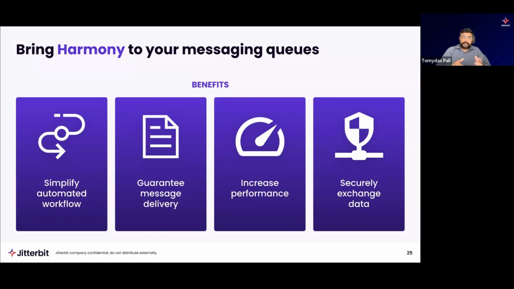It helps minimize the cost of processing, and finally, you gain all the security features of our iPaaS platform, which are inherently built into our message queue service also. Those are some of the core benefits that come as part of Harmony.